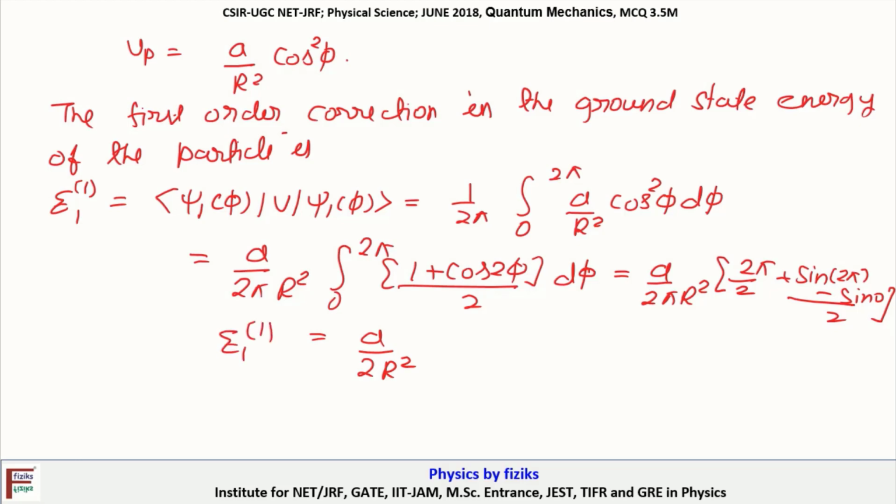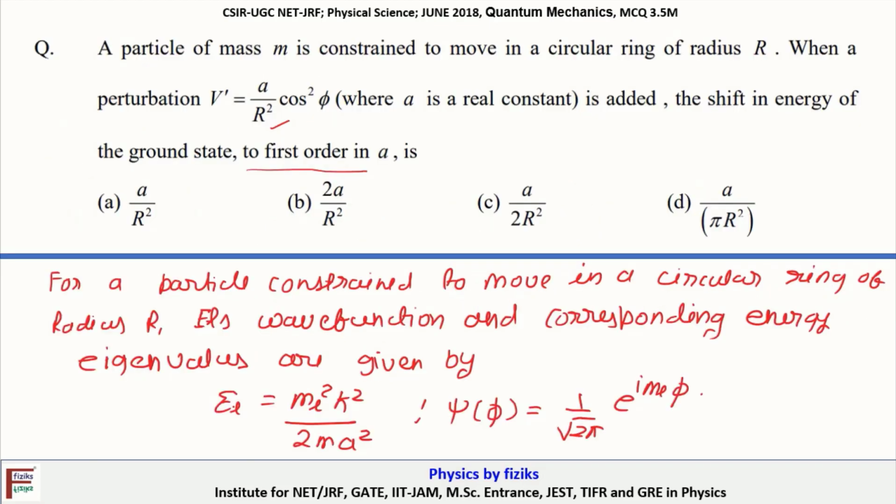So the shift in the energy of the ground state is given by a by 2 r square. That means option C is correct for this problem.